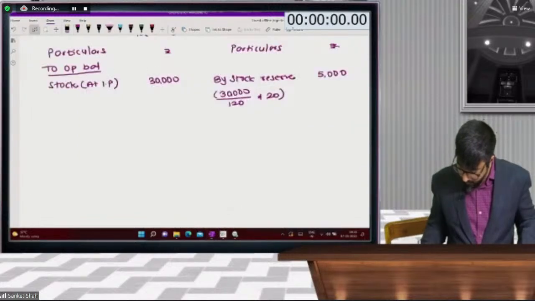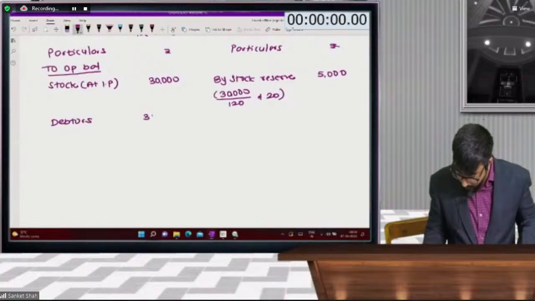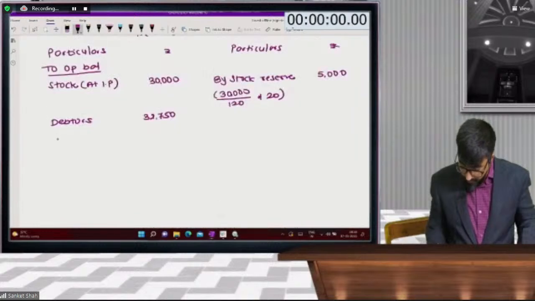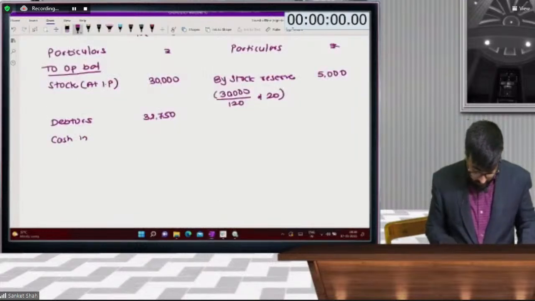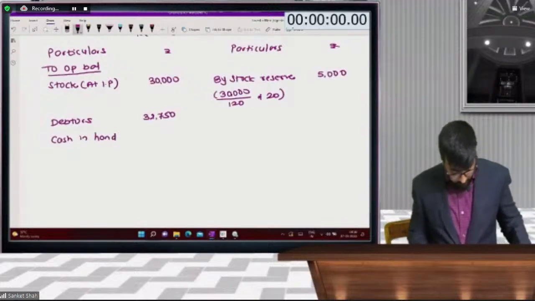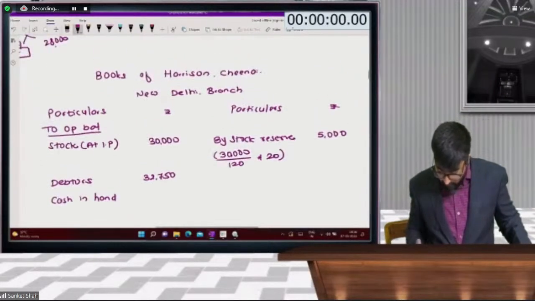Debtors $32,750. Cash in hand. Yes, better.